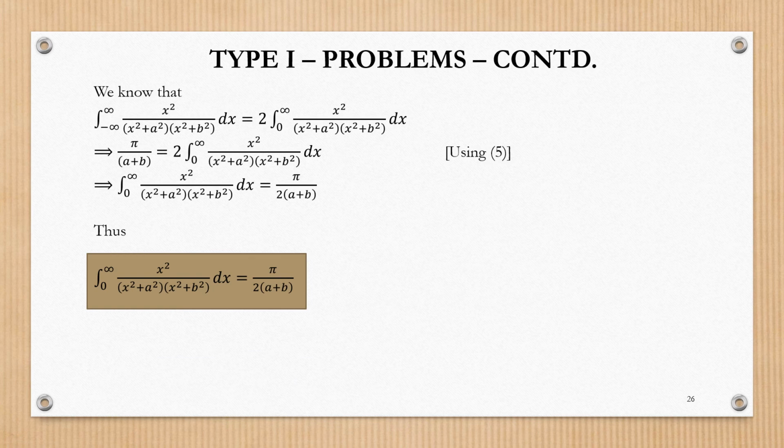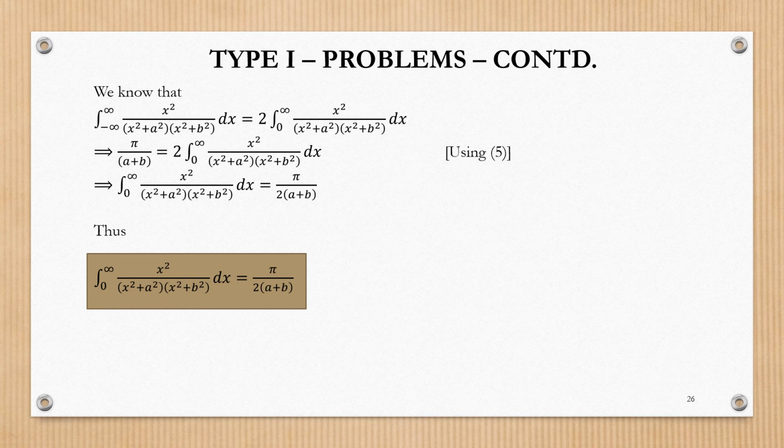Now the integral from minus infinity to infinity of x square by x square plus a square into x square plus b square dx can be rewritten as 2 times the integral from 0 to infinity of the same function because of a property of definite integrals. If the function is known to be an even function, the integral from minus infinity to infinity of that function can be written as 2 times the integral from 0 to infinity of that function.